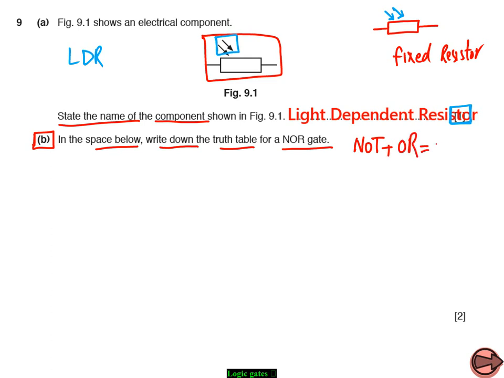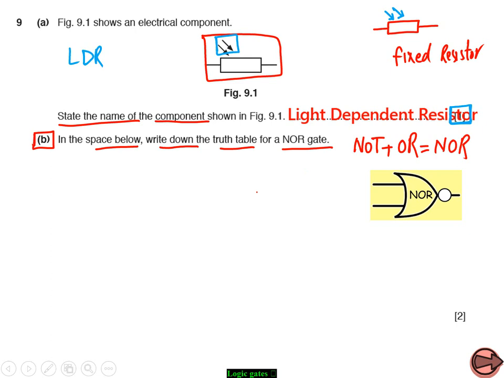So these two gates together, we call the NOR gate. Now, first of all, let's look at different symbols of logic gates. This symbol is used for the NOR gate, N-O-R. This symbol is very important for us to understand.